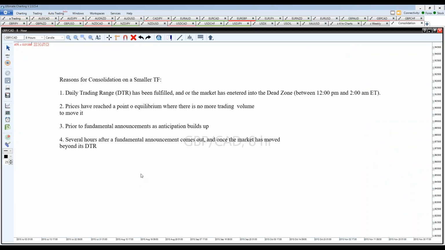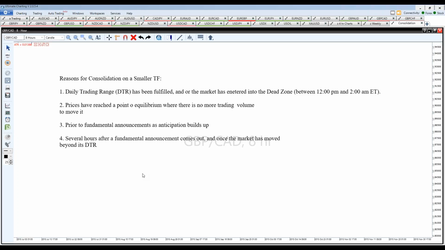So reasons why consolidation will form on the smaller time frame.